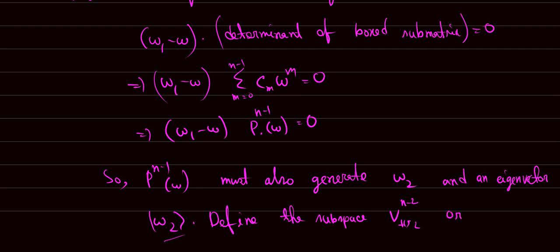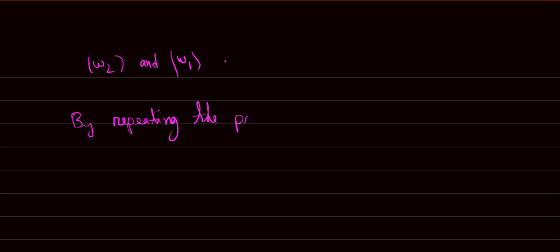So this is orthogonal to omega 2 and omega 1. So by repeating the procedure from above, we can easily write in matrix form.